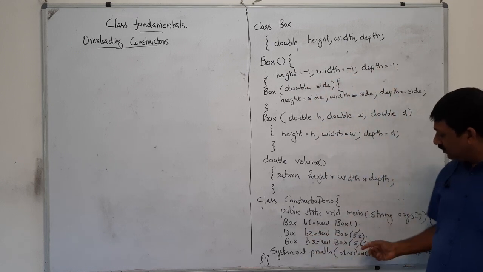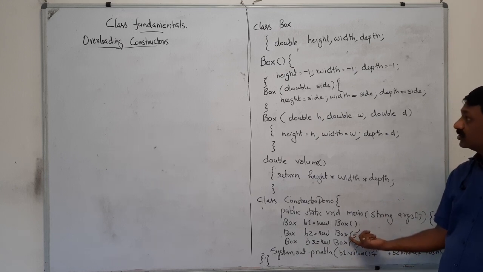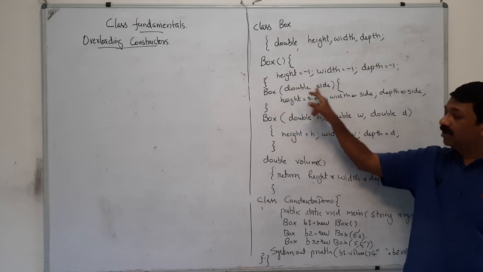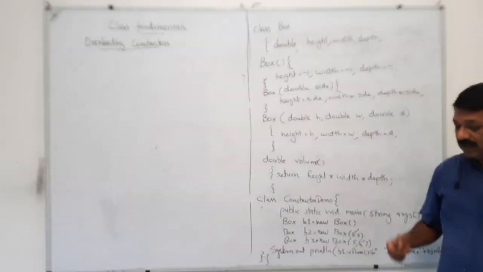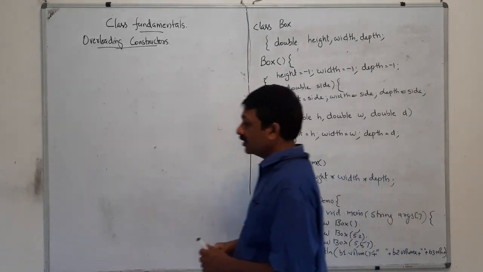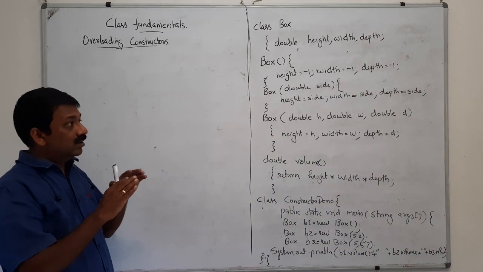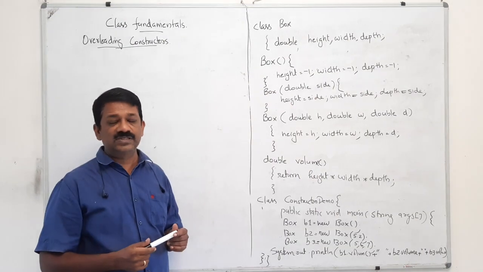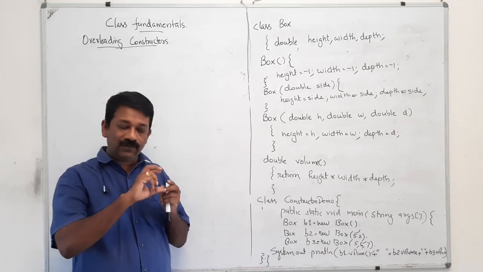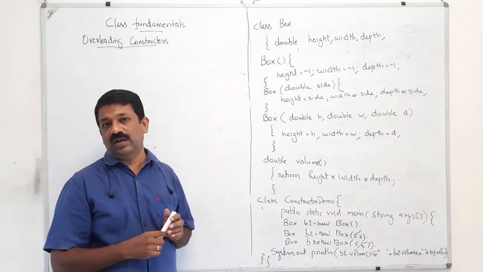And if it is called with a single parameter which is of type double, Box(double side), double means it is expecting a double value. In that case, we are using a box which is a cube. If you have a cube, the height, depth and width are equal.